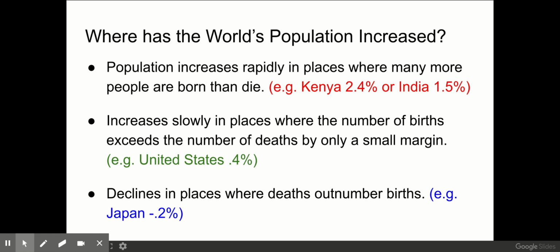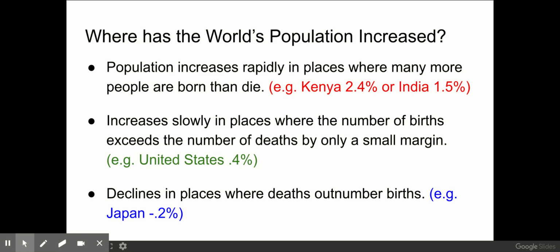So where has the world's population increased? We see population increases rapidly in places where many more people are born than die, like Kenya has a 2.4% population increase, and India has a 1.5% natural increase rate.